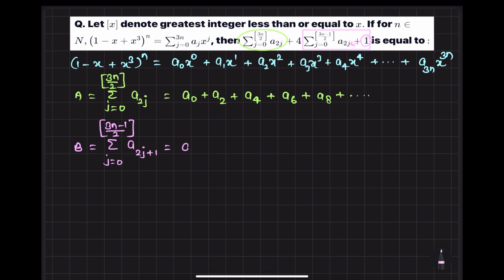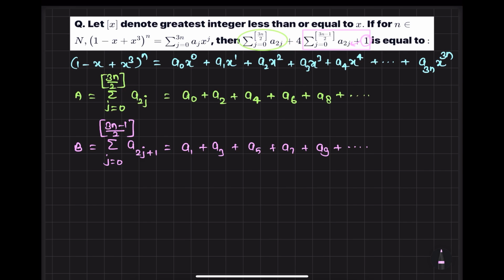So it is a1, a3, a5, a7, a9, dot dot dot. Correct or wrong? So this b contains all the odd lower subscripts.